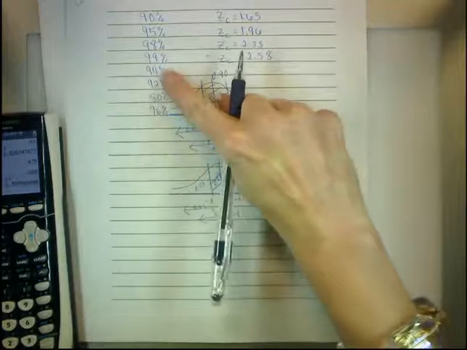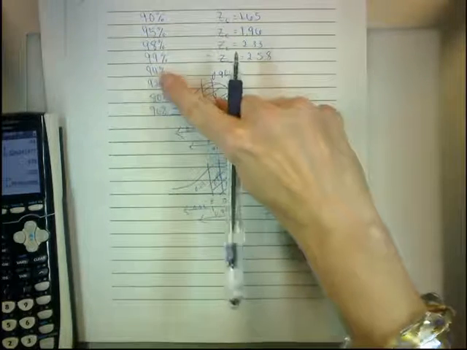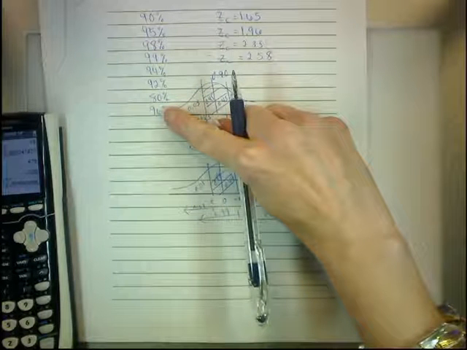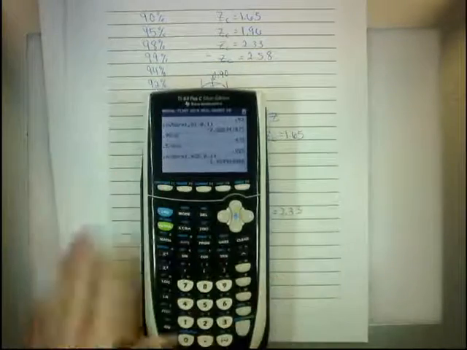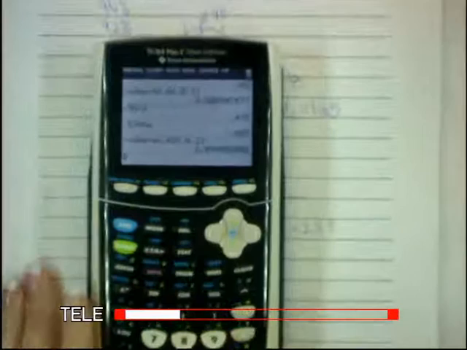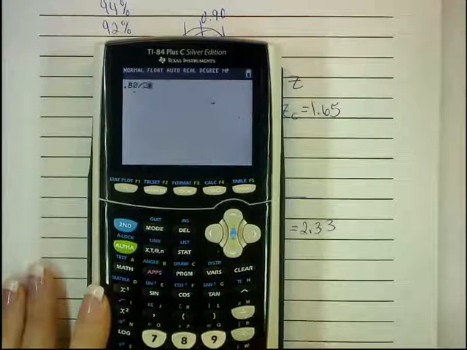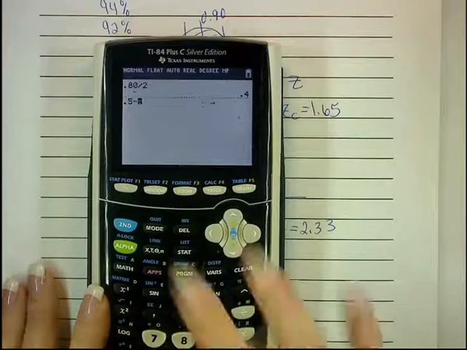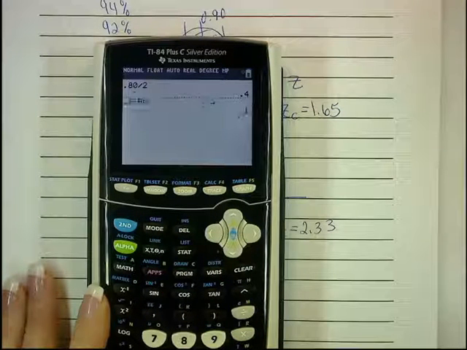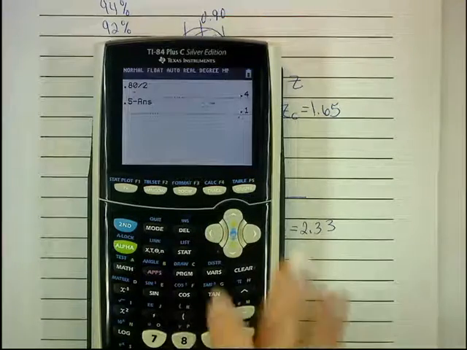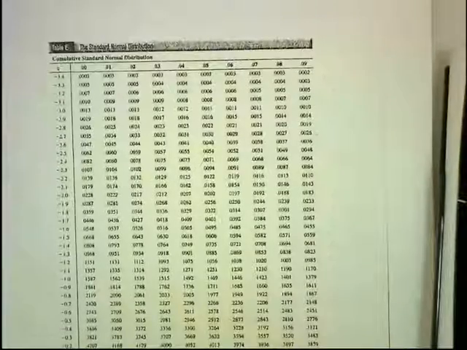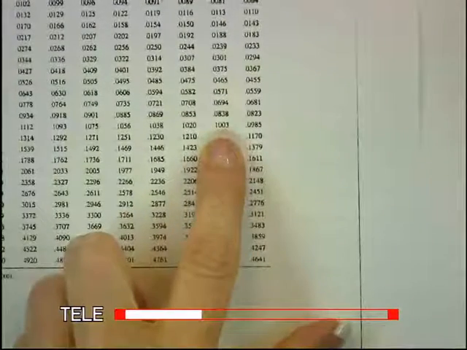Again, you divide by 2 and then subtract from 0.5, and you will look that area up in the 2-page z-table. So for that 80%, half of 80% is 40%, but if I subtract from 0.5, the area in the left tail is 10%, and the area closest to 10%, if we go here in the table, is 0.1003.